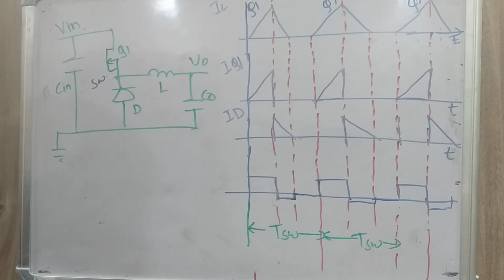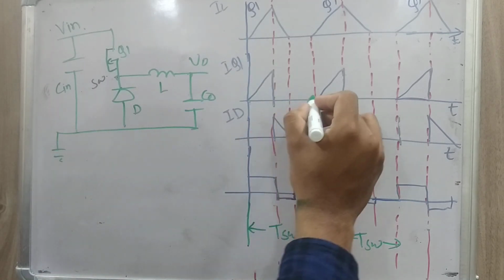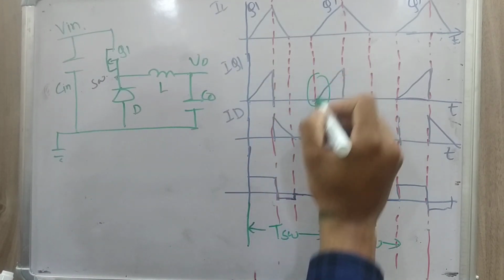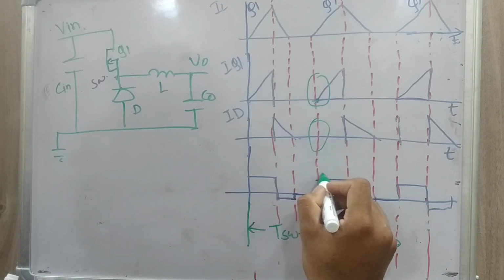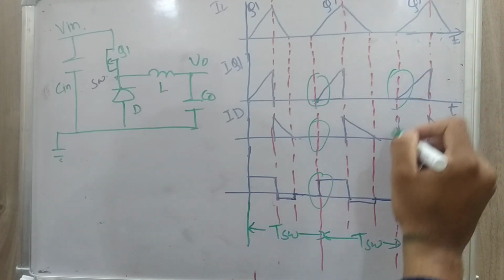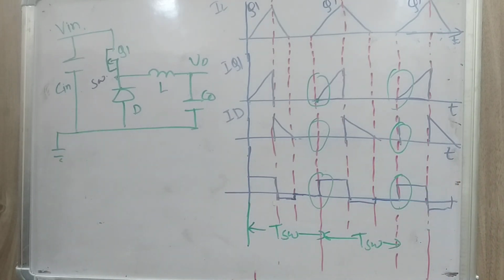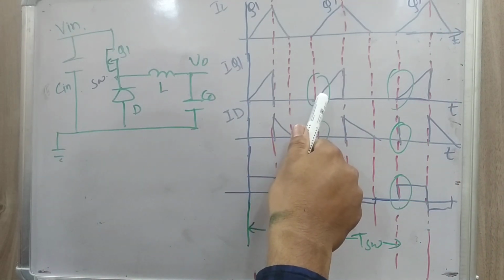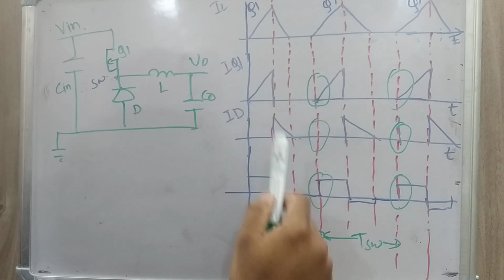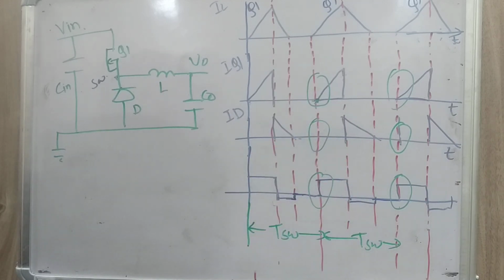Now if we see the same points we discussed earlier, Q1 is turned on at this point, this point, this point, every time. But the diode current is 0.